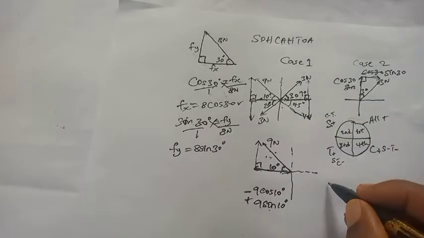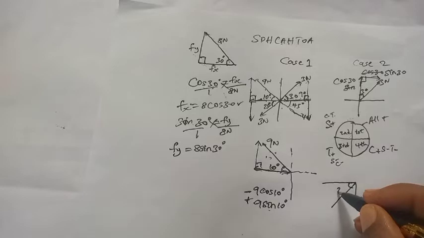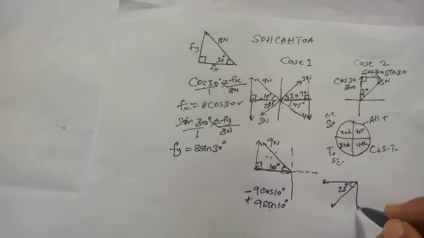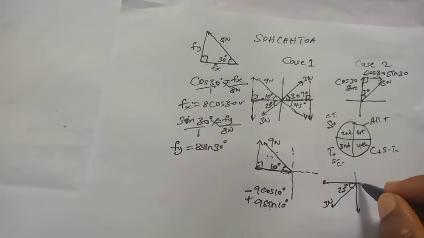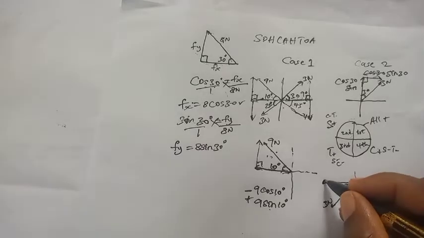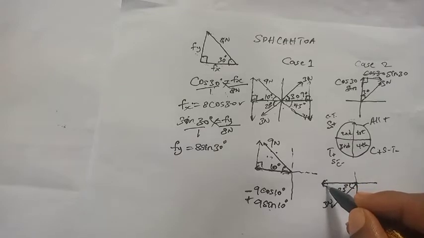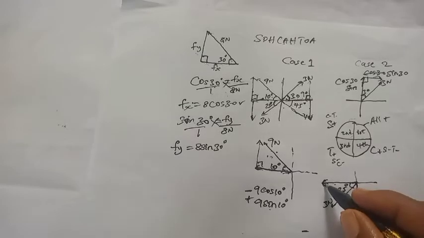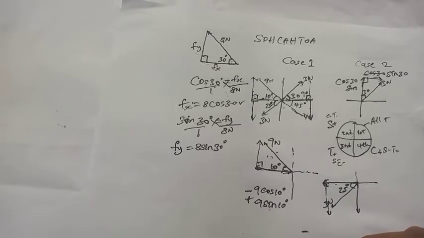So let's do the one that is on the third quadrant. Let's pick this one. This is 25 degrees, and this force is 3 Newton. Now remember, the horizontal component of this force is going towards the negative x-axis, and hence it will take a negative sign, and the vertical component, also facing towards the negative y-axis, will take a negative sign.